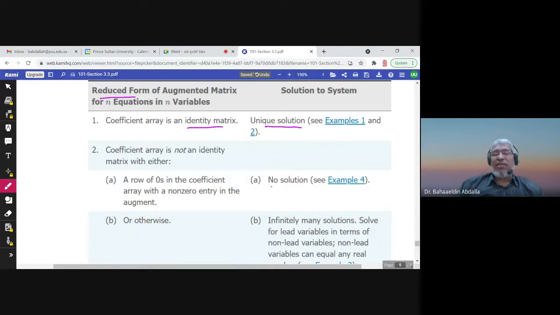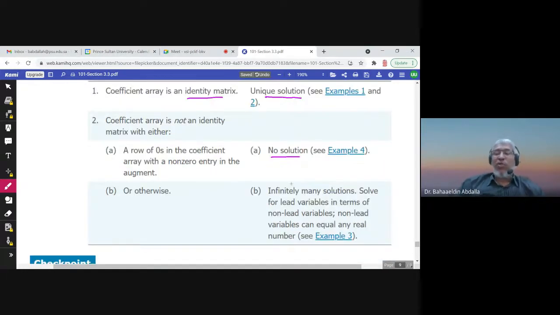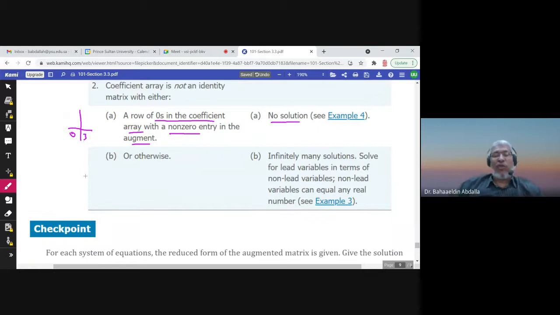If the system has no solution, then we will not be able to write the coefficient matrix as the identity matrix, and we will get 0 in the coefficient matrix in the last row and a non-zero entry here in the constant term. So this will give you no solution because 0 cannot be equal to 3.